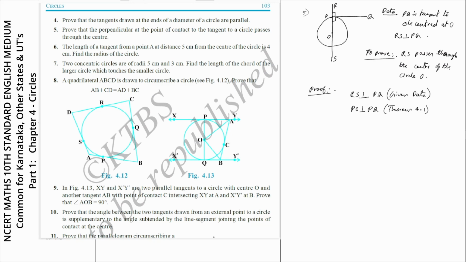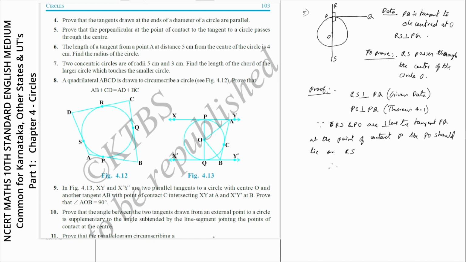So PO is the radius, therefore PO is perpendicular to PQ at the point of contact P. Since RS and PO are both perpendicular to the tangent PQ at the point of contact P, then PO should lie on RS.